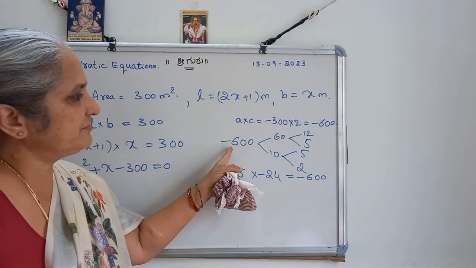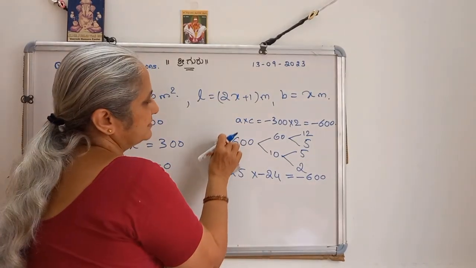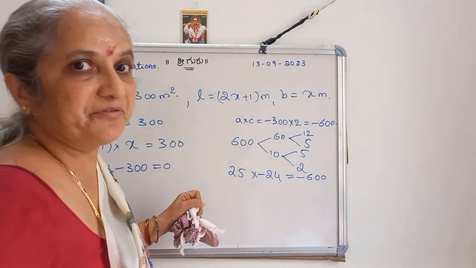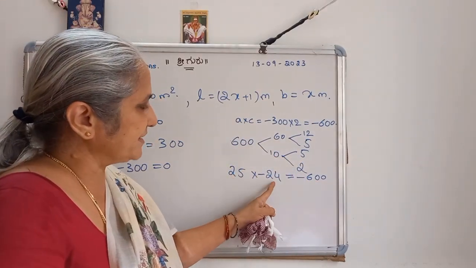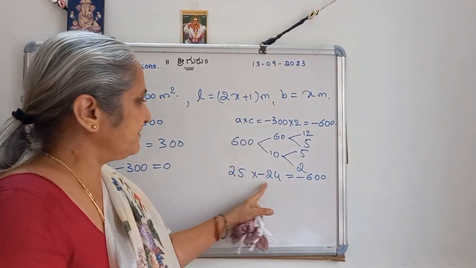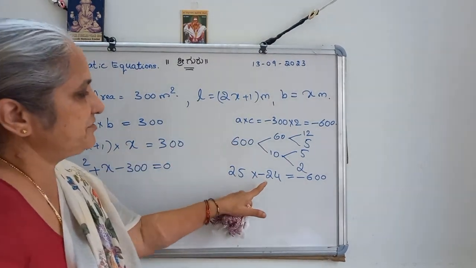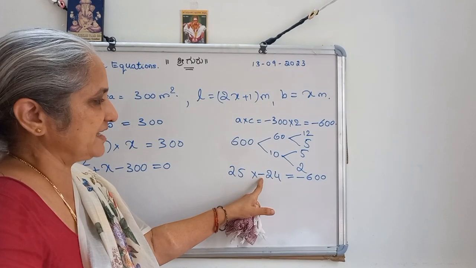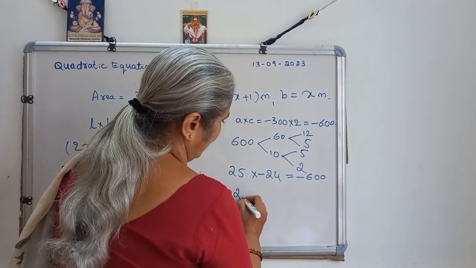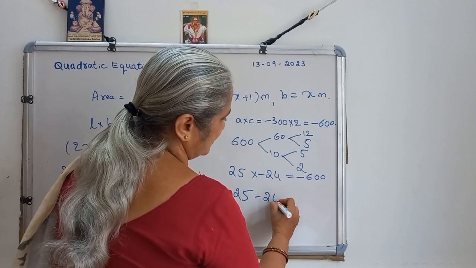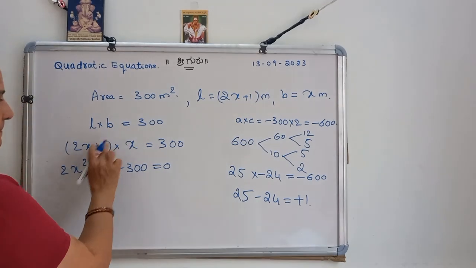Here we found the factors of 600. We have to find the factors of 600 so that we would get two factors, and by adding them we will get plus 1. Why we should take minus sign for 24? Because if you add 25 and minus 24, you get plus 1, which is the middle term B here.